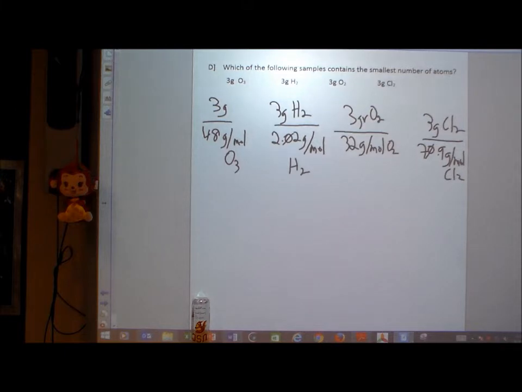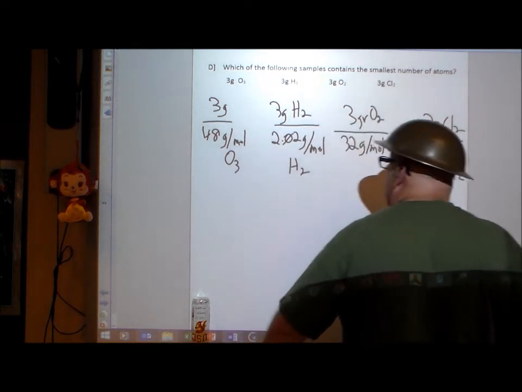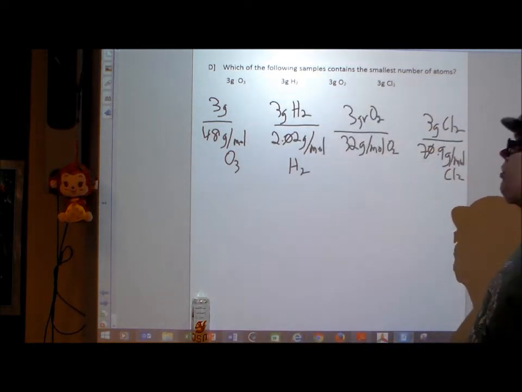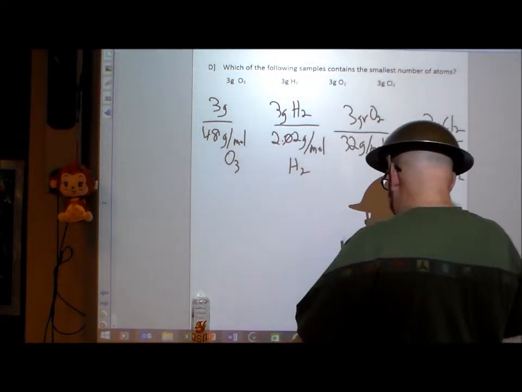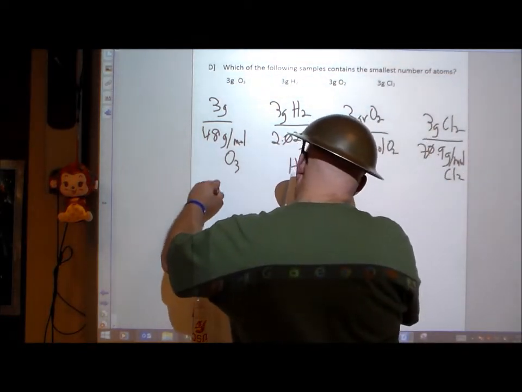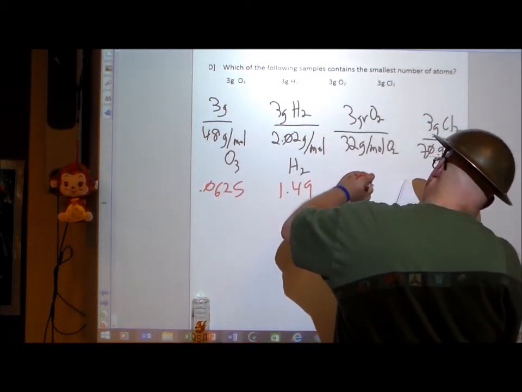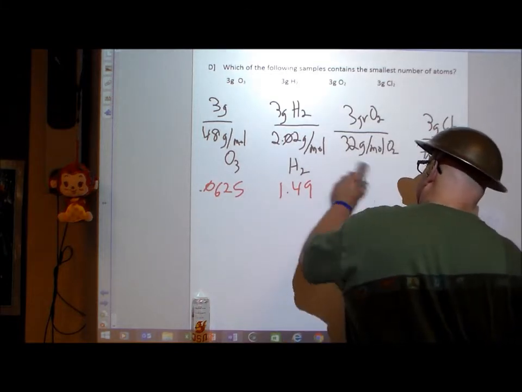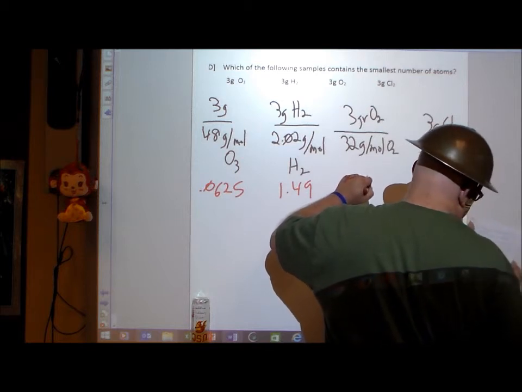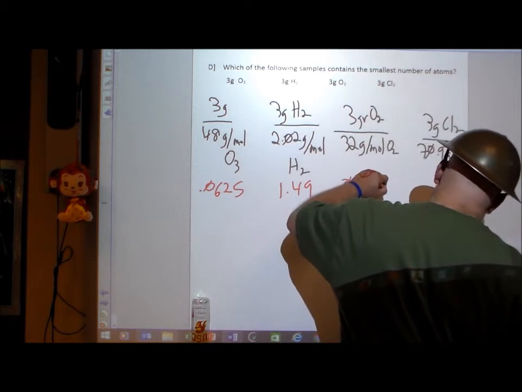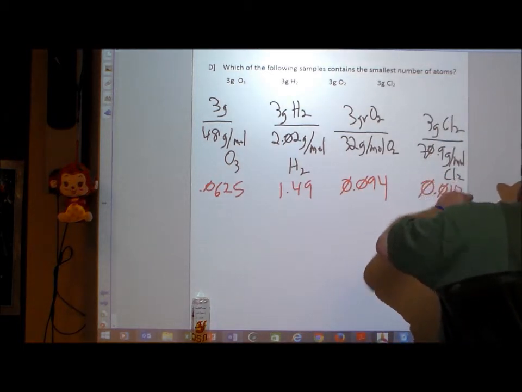We got to figure out how many moles we have of each. That just makes it a little bit simpler. You take the number of grams divided by the number of grams per mole. You know you've got definitely less than a mole of the stuff. Okay? So we're going to have 0.0625, 1.49, 0.094, 0.094, and then 0.042.